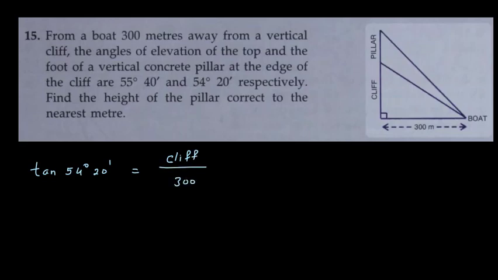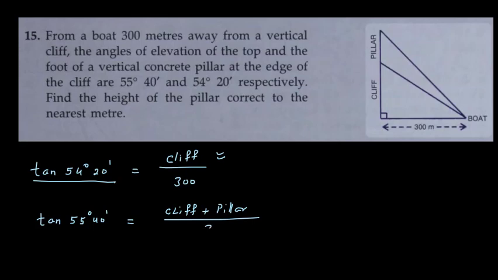So from the table you find the value of tangent 54 degree 20 minute and you can calculate the cliff height. And second, you can use the formula of tangent of 55 degree 40 minute, and this will give you the height of the cliff plus the height of the pillar, divided by the horizontal distance 300. So from here I will get the combined height of cliff and pillar.